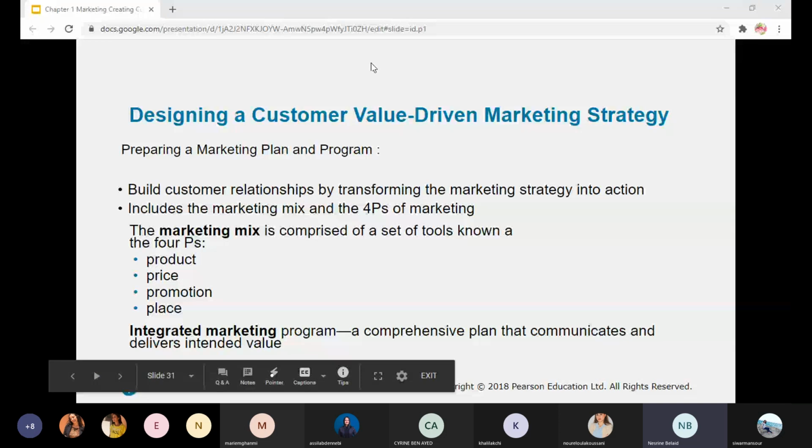Okay, anyway, you have to think about the 4 P's when you buy a new product. You think about this product. Why is it I found this product here and not in another place?